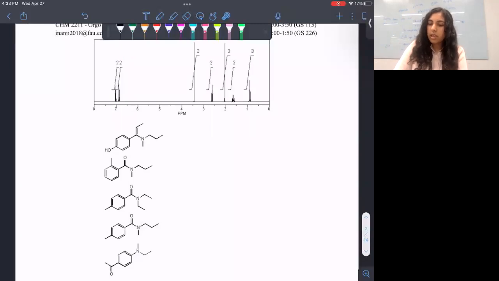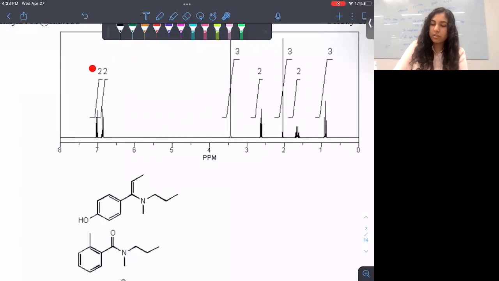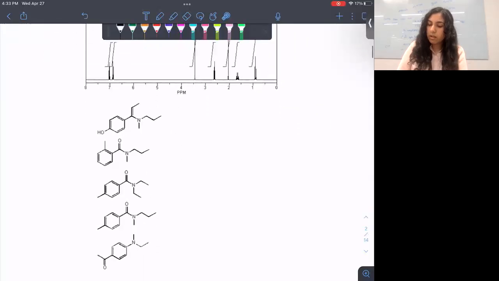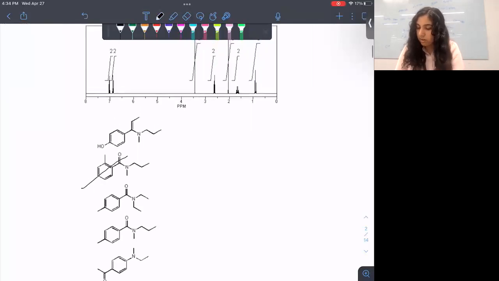So if I see this kind of thing where there's two peaks with two integration each, I know it's going to be a para substituted benzene because it's in the aromatic range, and then I have two separate peaks. So I know that the benzene is probably going to be para. So I can tentatively eliminate this molecule. That wasn't so helpful, but at least we got rid of one. Because the rest are all para.